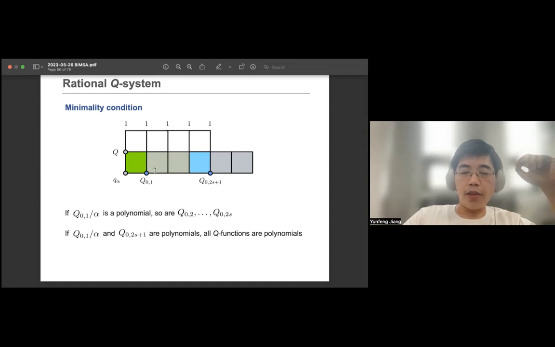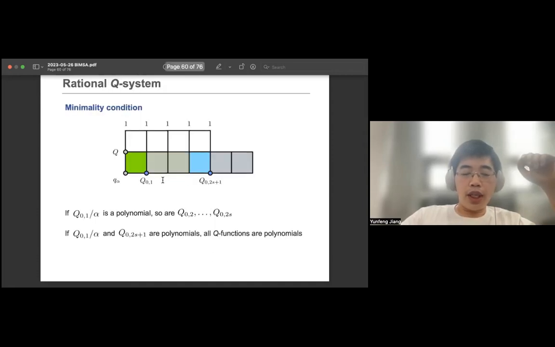And if we require both Q01 divided by alpha and Q0 2S plus 1 to be polynomials, then all the Q functions are polynomials. So the minimality condition becomes the polynomiality of Q01 divided by alpha and Q0 2S plus 1. So this is also the difference.